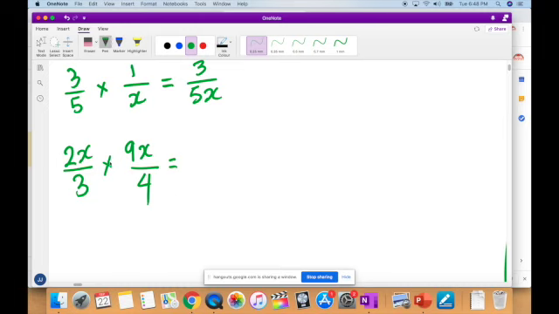And this is our multiplication. 18x over 12. 18x over 12 is correct. Can this be reduced or simplified? So what will I get?